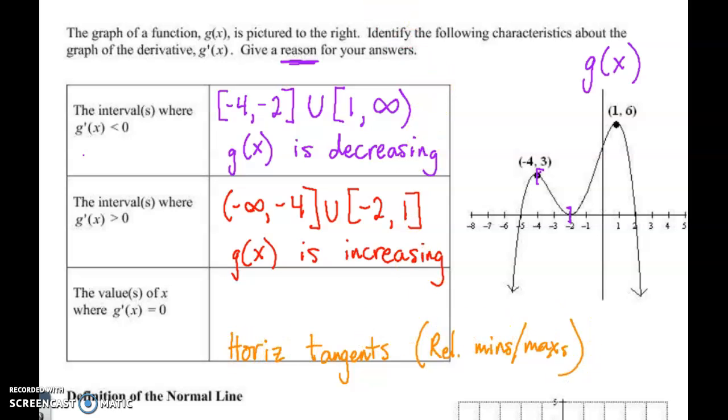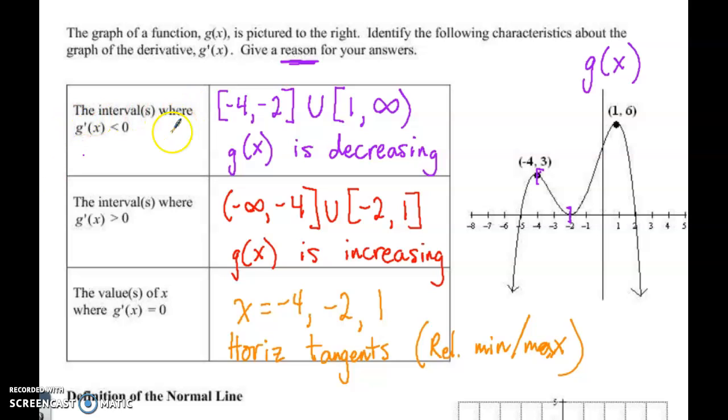Having those means a relative min or relative max. That's what we're looking for there. So where does that happen? At x equals negative 4, negative 2, and 1.